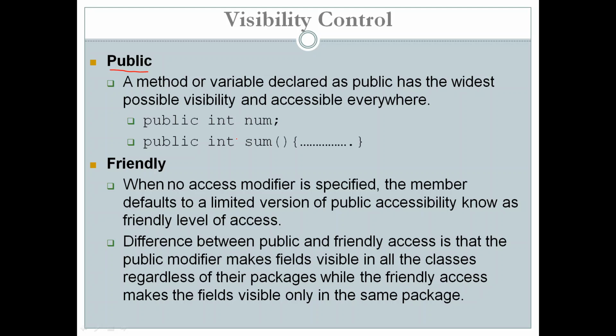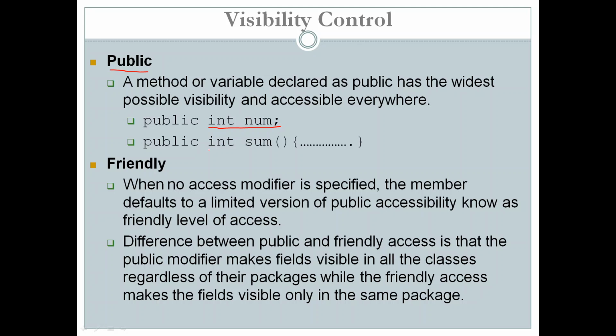And how we declare public members, you can see here. Up till now we used to declare variables like this, only the type and the variable name. Remember, up till now in most of our programs, we haven't used any modifiers. We have simply declared a variable with the type, say int, and the name of the variable.